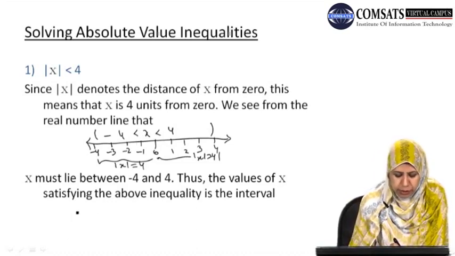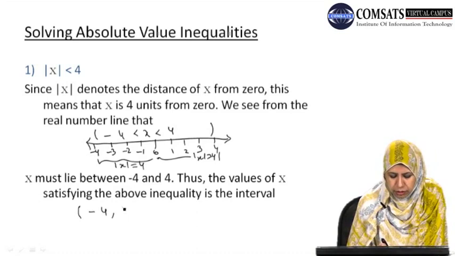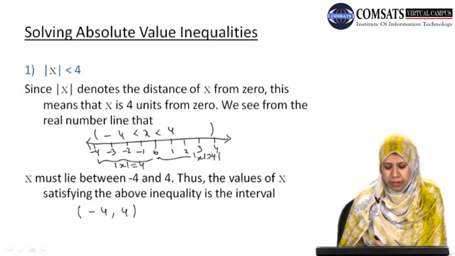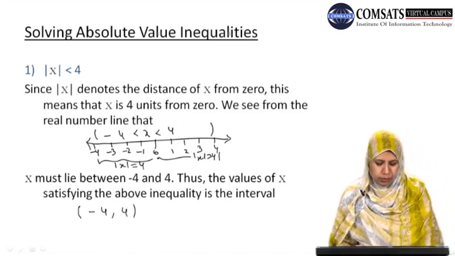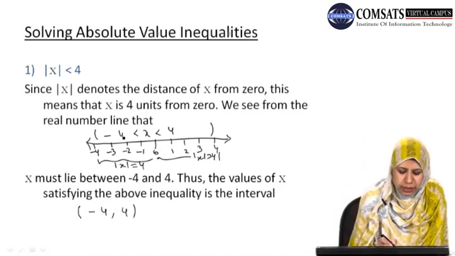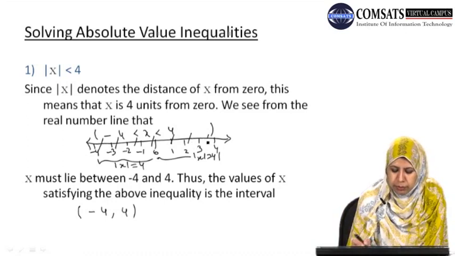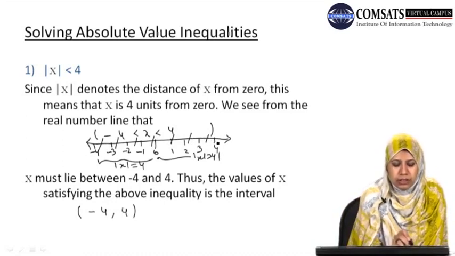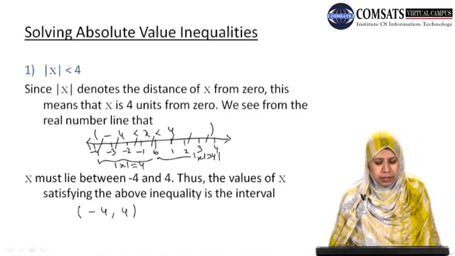So the interval will be an open interval, round bracket, minus 4 and again 4 with round bracket on the right side. So basically all these values of x between minus 4 and 4 satisfy this inequality.